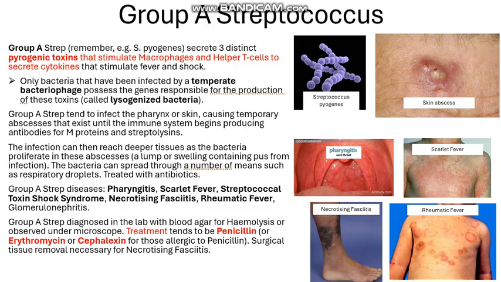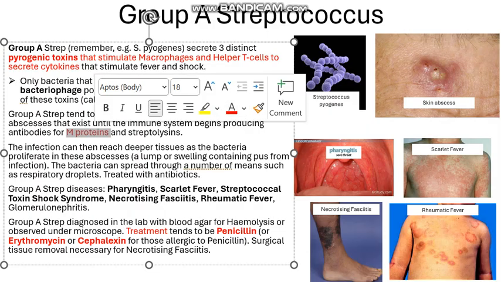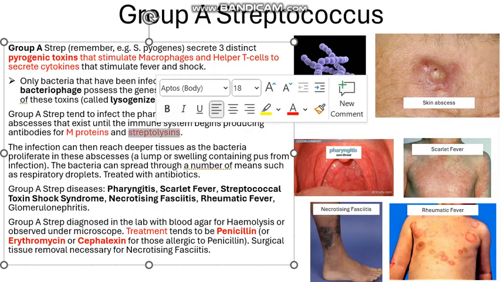Group A strep tend to infect the pharynx or the skin, causing temporary abscesses that exist until the immune system begins producing antibodies for these M proteins and streptolysins that we mentioned in the previous slide.